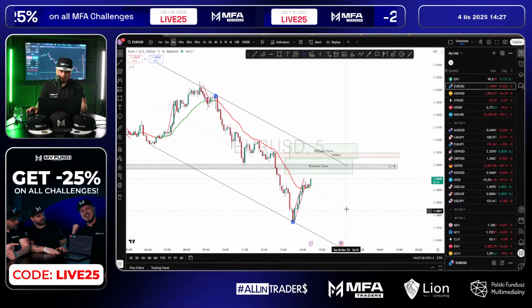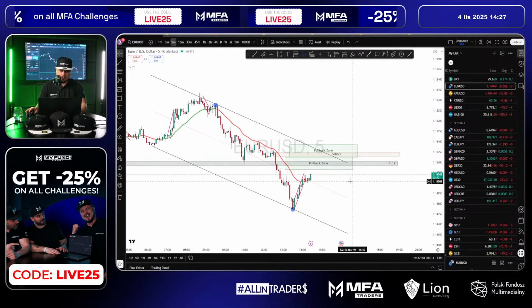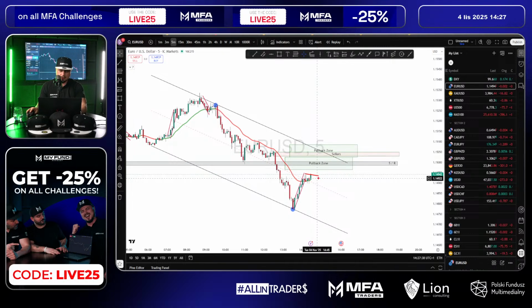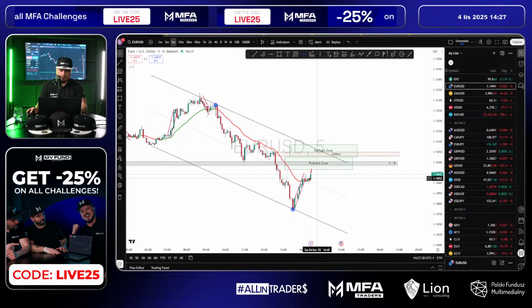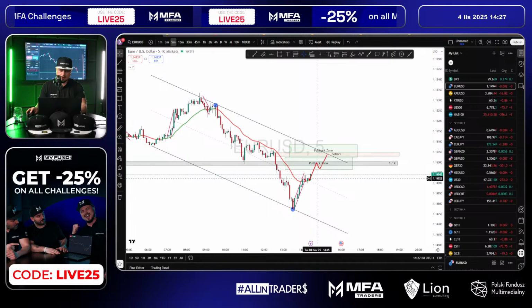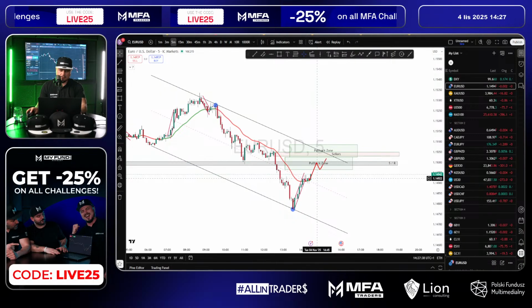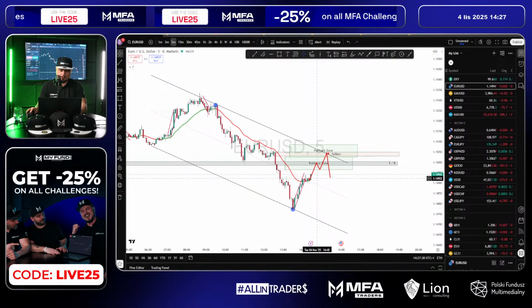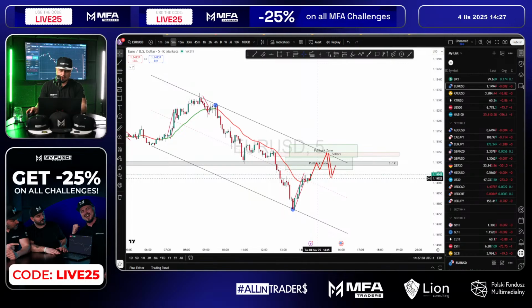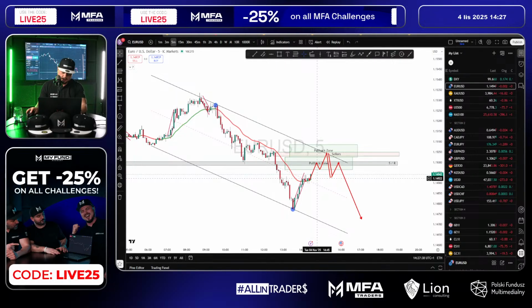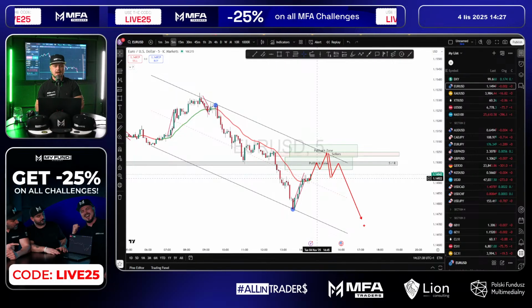So we will see how this will work for us. The rotation is confirmed, which is good. So let's go a little bit higher to this area, and we're gonna wait for bearish rotation, and we're gonna try to go down.